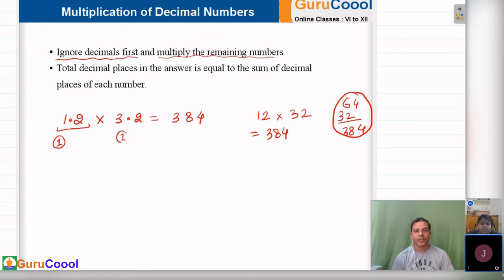So the total becomes two decimal places. That means I have to put the decimal counting two places, like 4 and 8. Then the decimal comes between 3 and 8. So 3.84 is the answer. This is how we multiply decimal numbers. Any doubt?